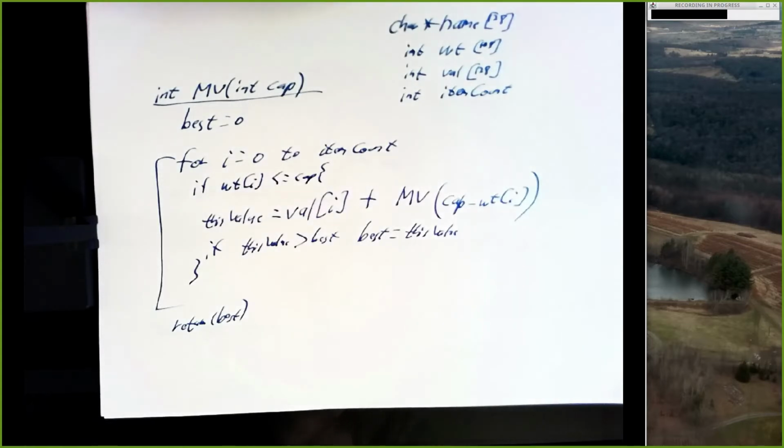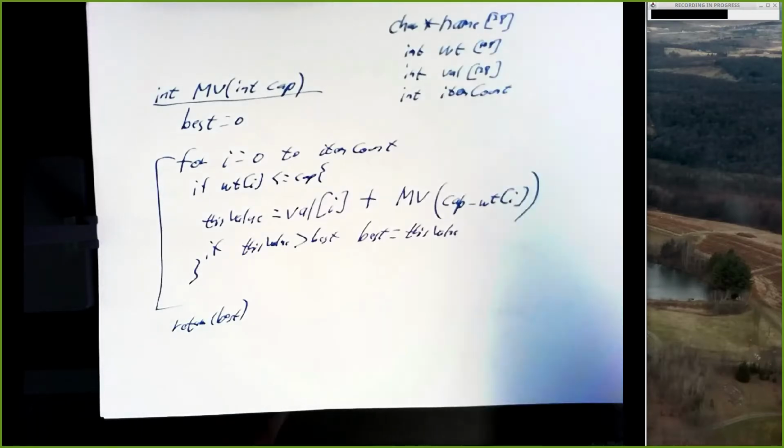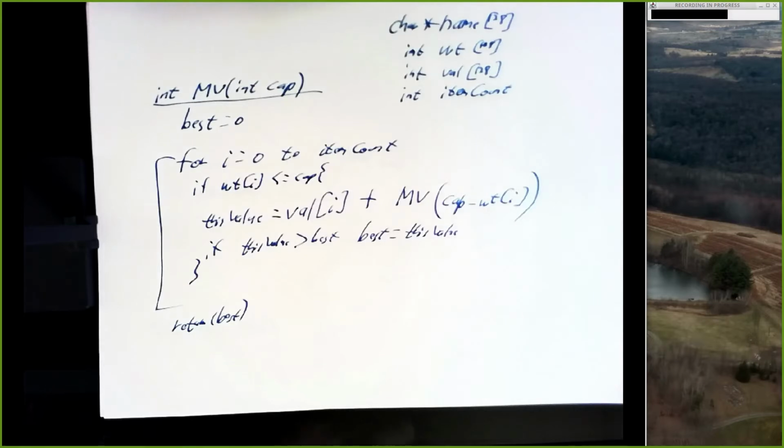It's not an option. So this is a pretty complete MaxVal function now. Again, it doesn't track the inventory, it doesn't use dynamic programming, but it will faithfully return the maximum value available for a given capacity.